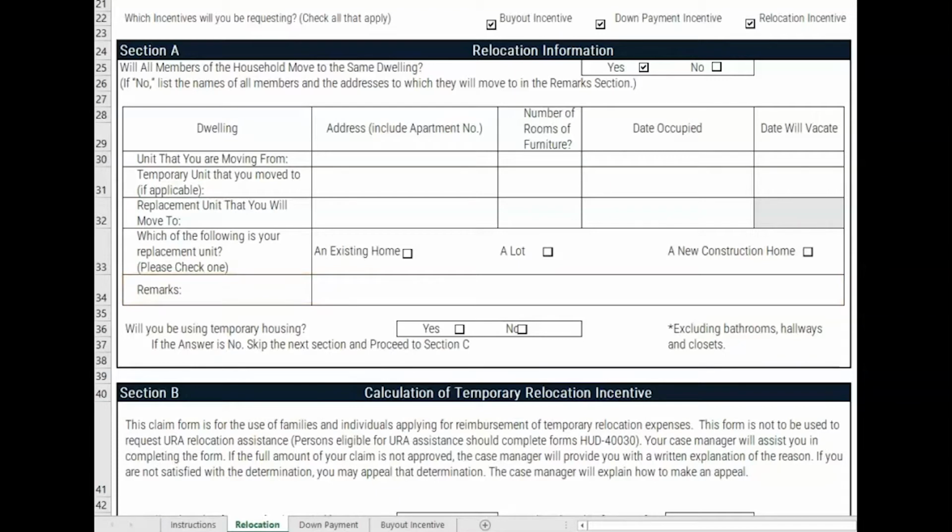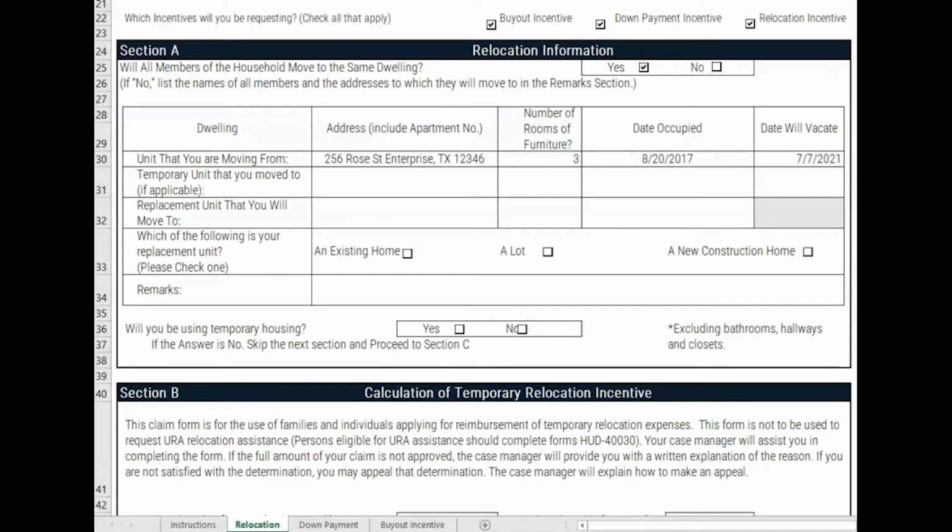In the table, the applicant should place the information for the applicant's units. They should first input the address of the unit moving from, the number of rooms that the original unit has, the date they occupied that unit, and the date they will vacate. Note, the number of rooms should exclude bathrooms, hallways, and closets.